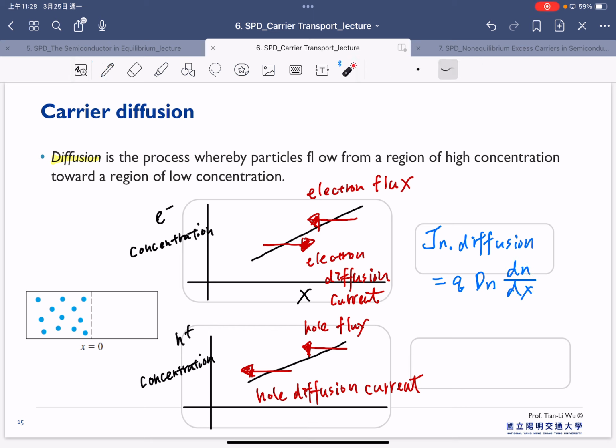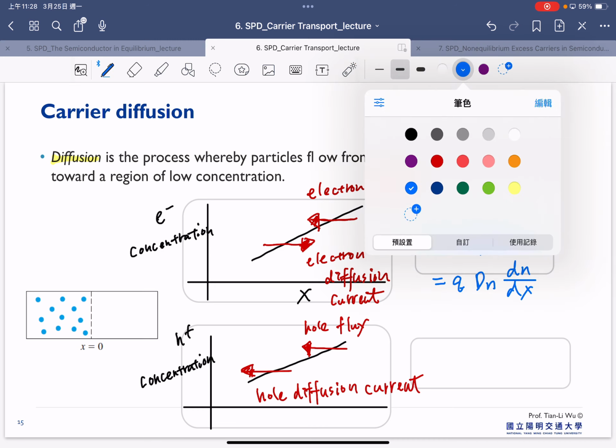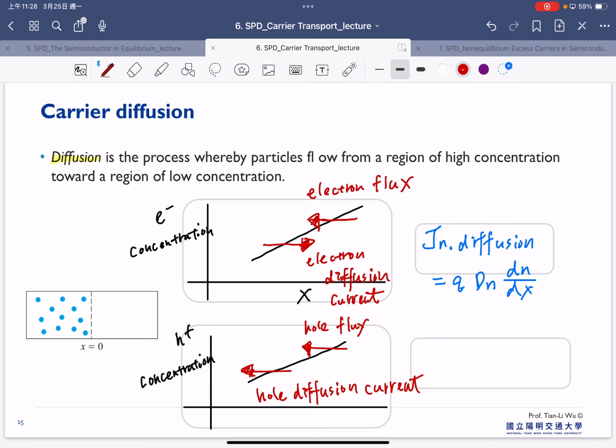This is our concentration gradient, and this term is the diffusion coefficient. The current right now is to the right, so it is just like this.